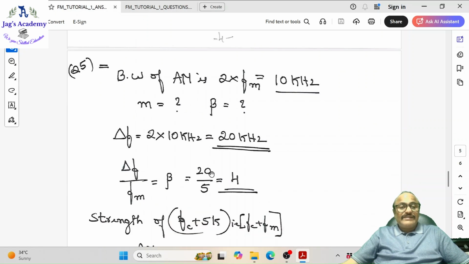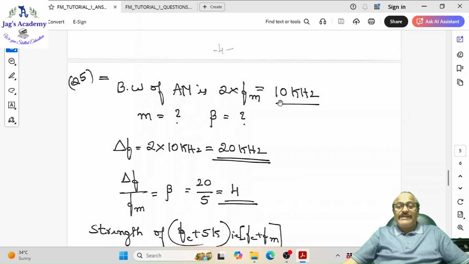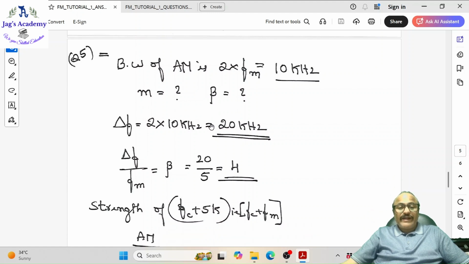Now let us see this. The bandwidth of AM is 2 times Fm, 10 kHz. What is the modulation index? What is beta? You have to calculate it. Delta F is given as 2 times the bandwidth of the AM signal, so delta F is equal to 20 kilohertz. Beta you can calculate as delta F by Fm.